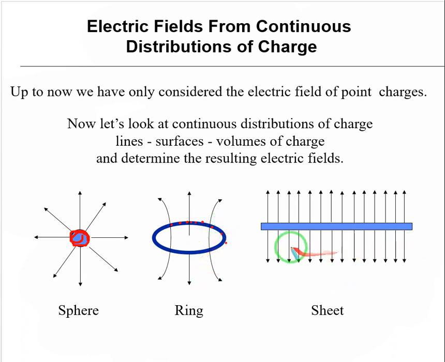In a sheet, the charges will be continuous in this sheet, and the electric field will be generated due to these charges. These are the electric field lines generated by charges. This is the electric field line generated by charges from a ring. This is the electric field line generated by charges from a sphere. So this is basically the distribution of charge in a continuous form in the shape of a sphere, ring and sheet.